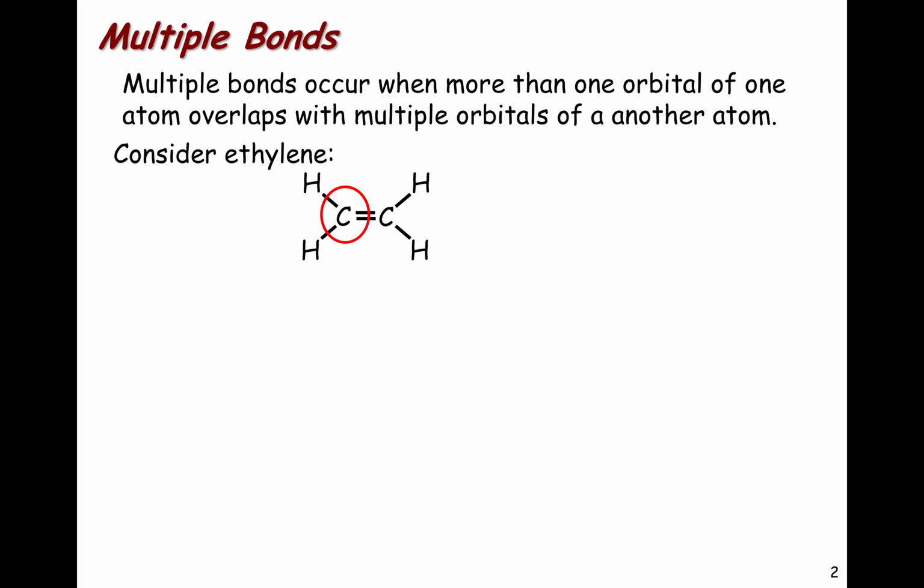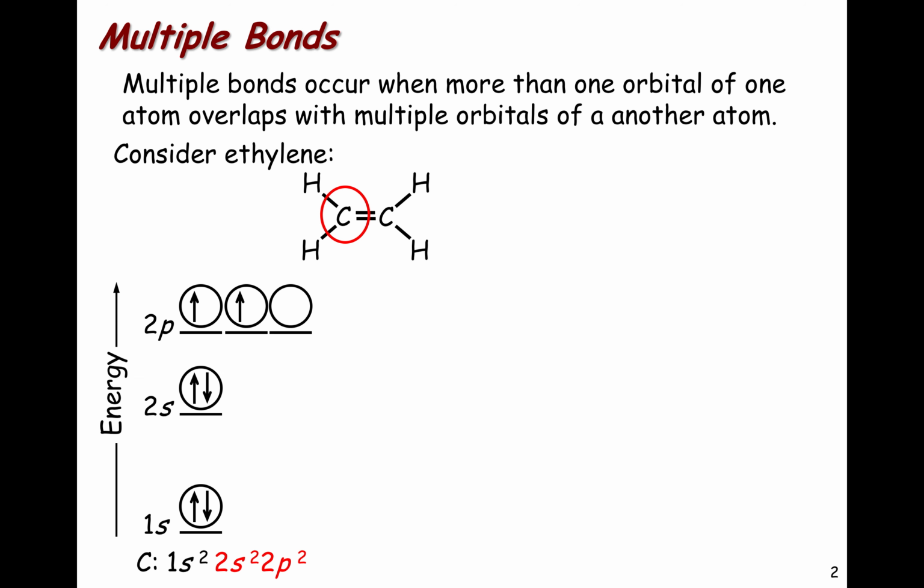In this particular case, then, we're going to focus in on one of the carbons at a time here. You'll notice that there are 3 electron regions around that carbon, so we will then need an sp2 type hybrid orbital. The angles for the HCH are approximately 120 degrees, and so as you can see from the energy diagram for an individual carbon atom, we would then need to promote an s electron up into the 2p orbital.